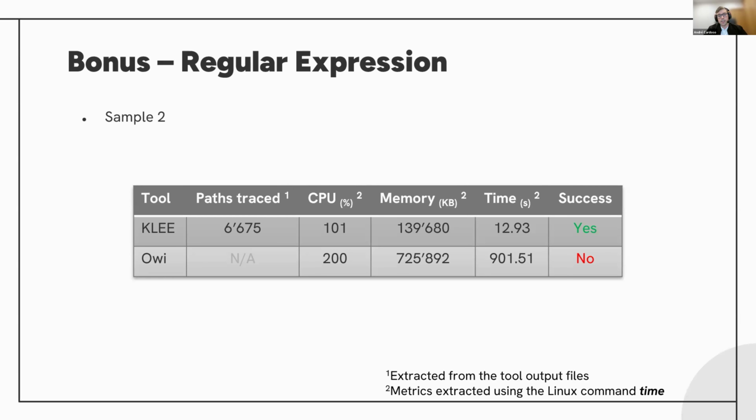Again, we have no number on the OE side to compare, but we do know that OE had a much larger consumption of resources and an even larger consumption of time, and wasn't able at all to find the problem that CLI found. We can see here the comparison of time, from 13 seconds on the CLI side and 900 seconds on the OE side.